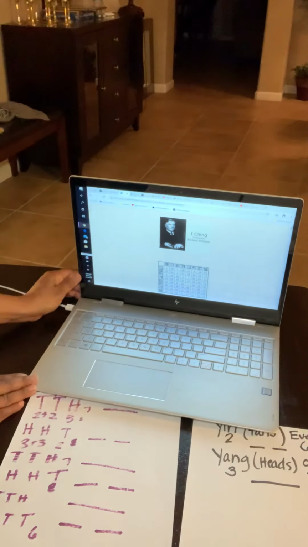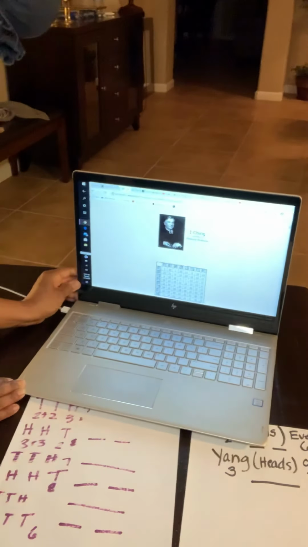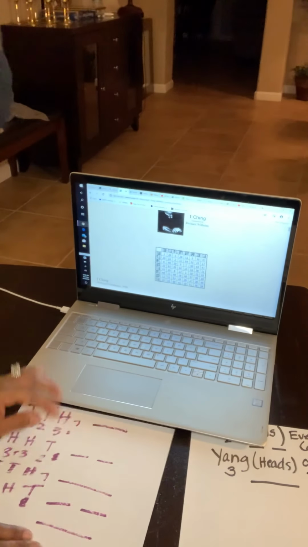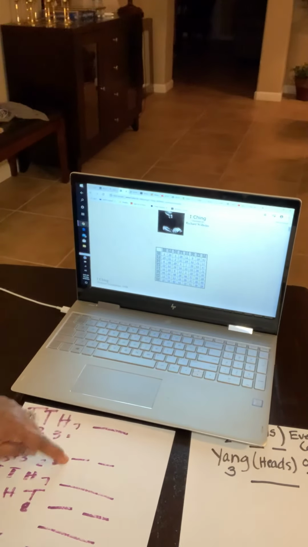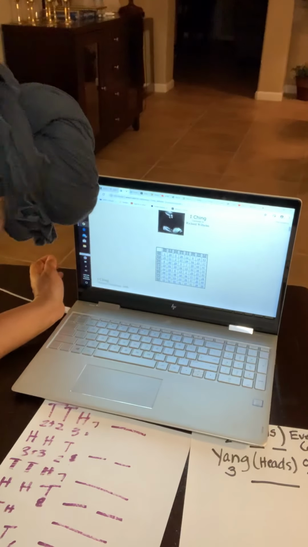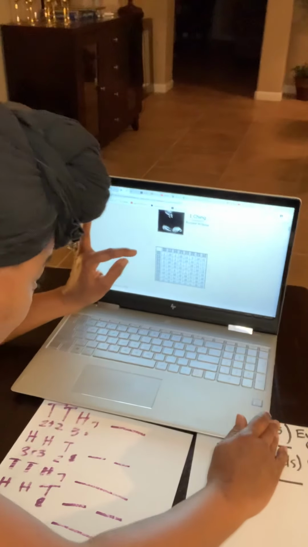I'm looking at the I Ching reference here by Richard Wilhelm.